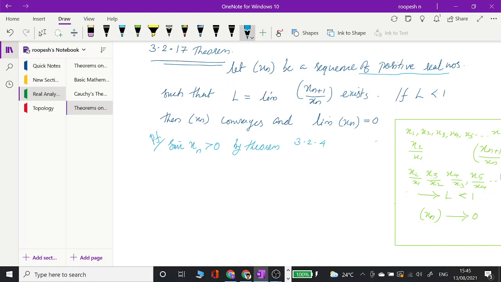If each term of a sequence is greater than 0, then the limit of that sequence is also greater than or equal to 0. Then we get this L is greater than or equal to 0. Then again this ratio. Let's change the ink.